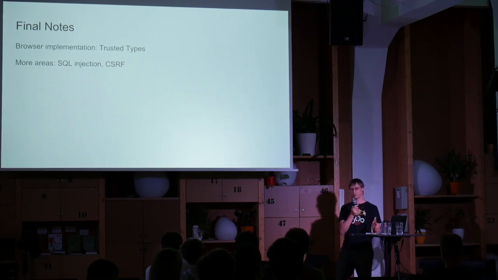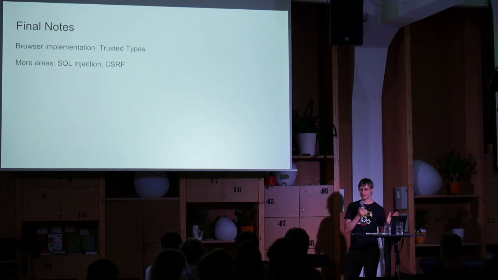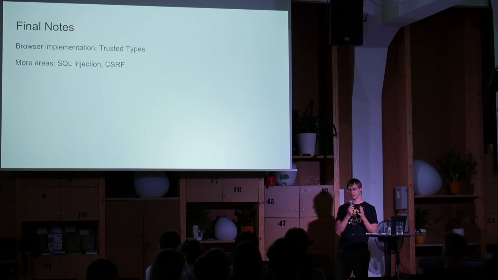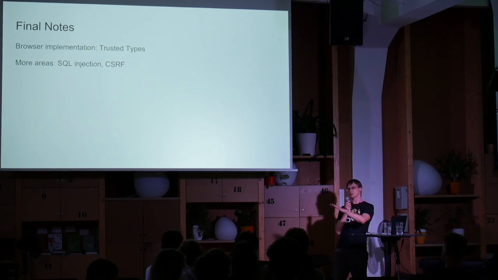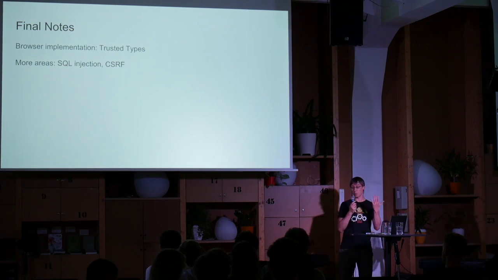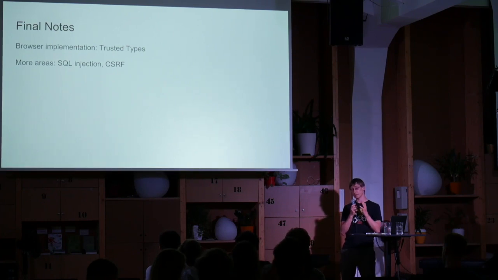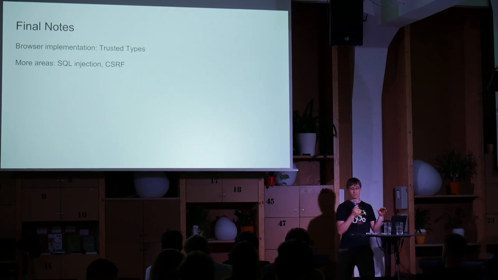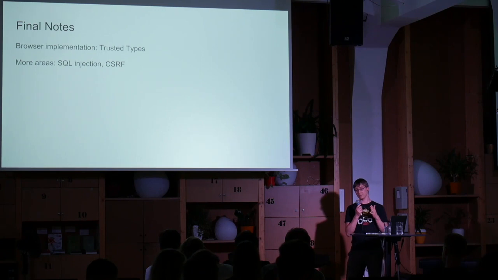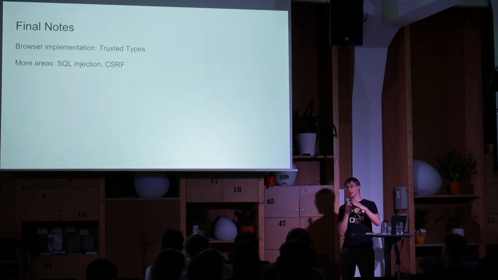So what we are working on right now is to bring this to the web platform, which means that not just your compiler will enforce it, but also the browser. There's a proposal to create Trusted Types, which is basically very similar to safe types. The browser will only allow innerHTML from the trusted types, which is pretty much the same concept, but it will be enforced at the browser level.